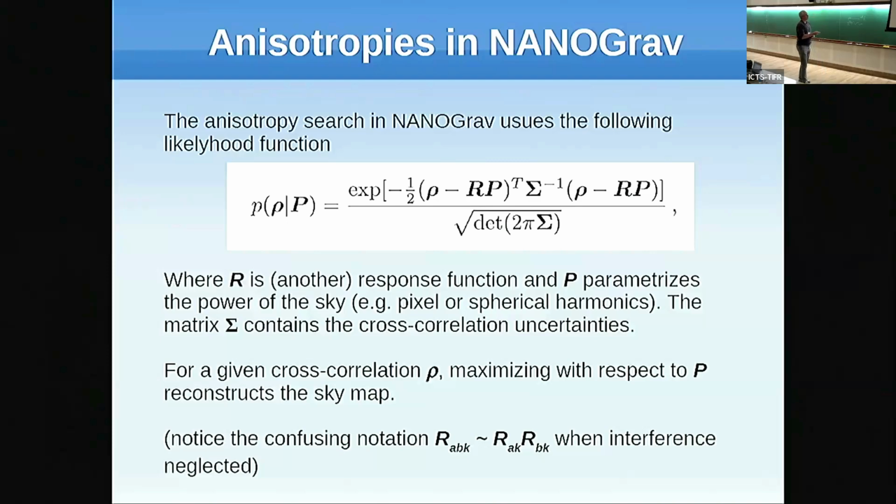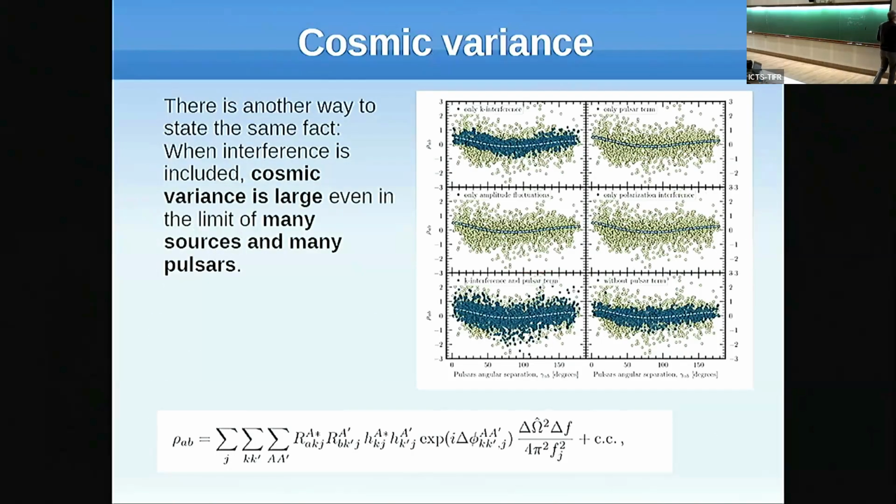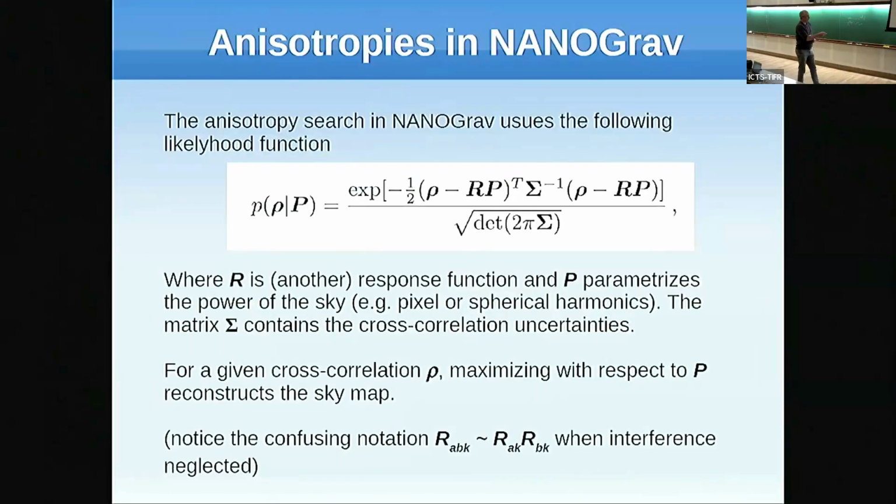So you cook up a likelihood function, which is a Gaussian function depending on rho. So rho is now these 2-point correlations. So for example, if you have 50 pulsars, then rho here will be a long vector with all the 1200 cross correlations. Then P is the power in the sky, right?